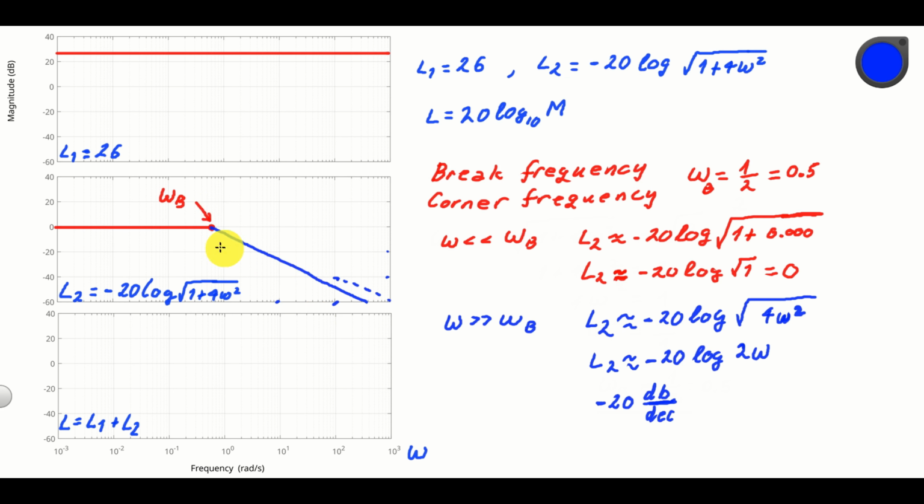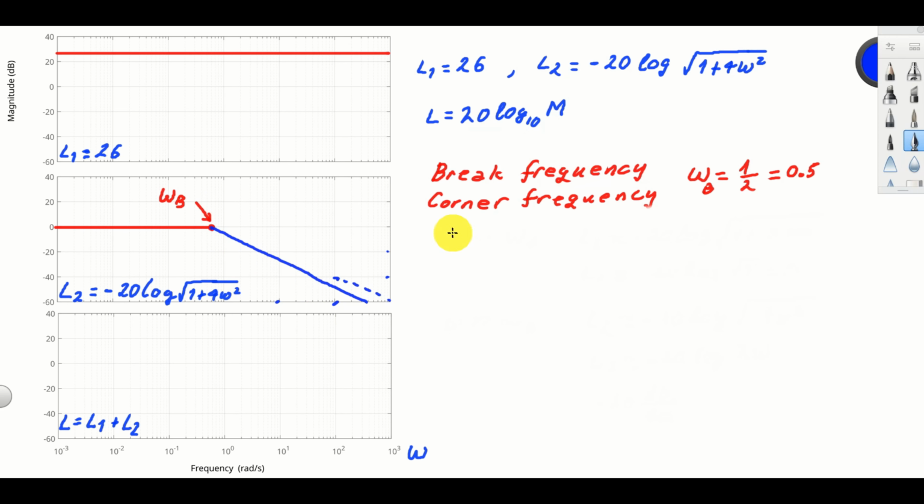Now, next, at the break frequency, that is at this ωB, L2 becomes this thing, minus 20 log, and over here we will have square root of 2. Let's nicely write it down.